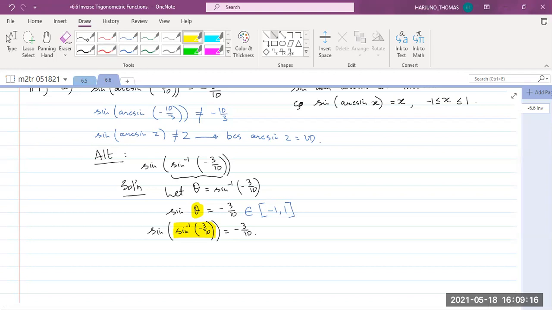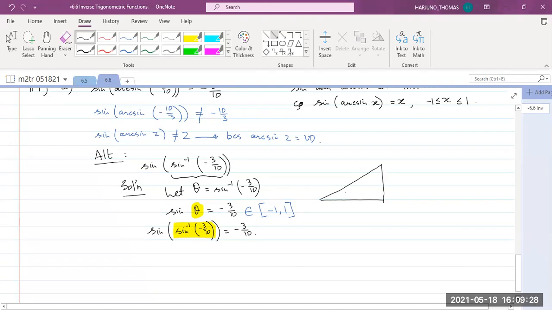Pictorially, what I did was this. Sine theta equals negative 3/10. Because it is negative, I don't want to attack the negative value directly, so I use the reference angle. Sine theta hat will be 3/10, and this will be in quadrant negative 1.